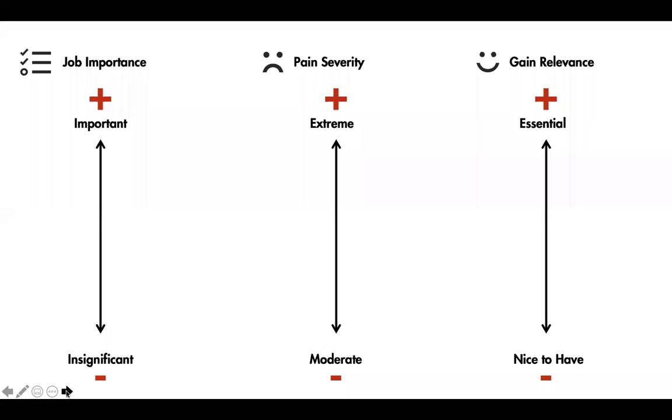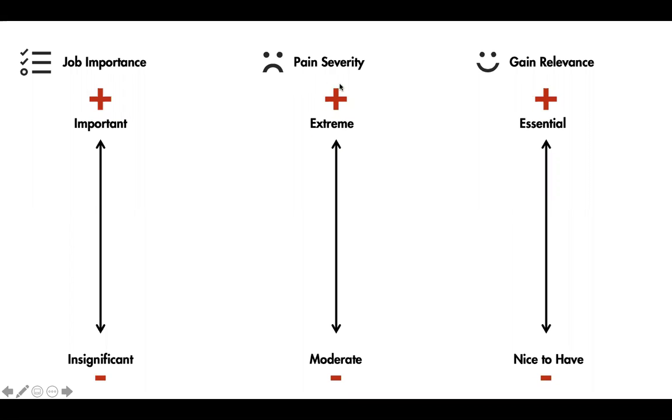All right. So when you look at the jobs that your customer is looking at, the pains that your customers are facing, and the gains that they're looking to gain, you should try to rank them at levels of extremes, right? For example, is this job very important, or is it insignificant or less significant? Secondly, what is the pain severity?